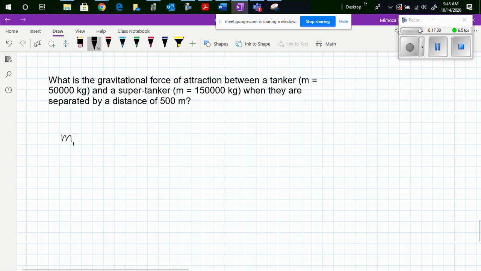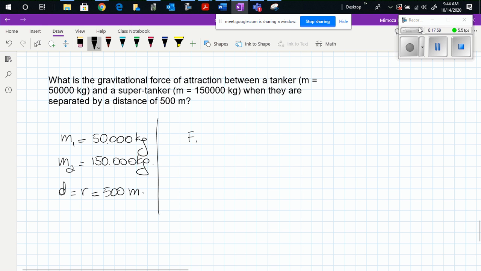Mass 1 is equal to 50,000 kilograms, mass 2 is equal to 150,000 kilograms. It's important that they are in kilograms and meters. The distance, you can say D or R, is the same thing. What is important is just to be in meters, and what they are asking you for is the force of gravity that they are experiencing.